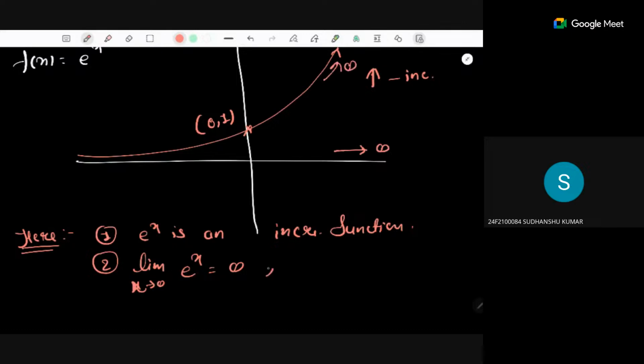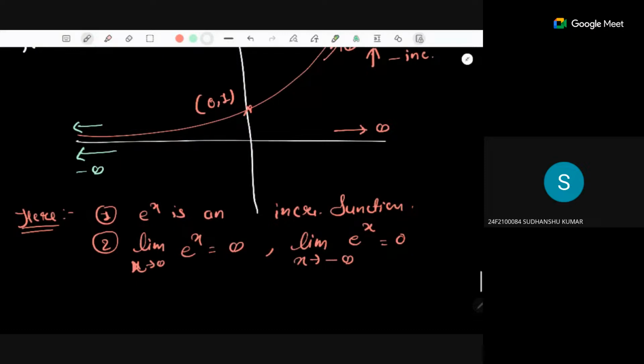The second limit: as x goes to minus infinity, e to the power x is 0. If we approach minus infinity, the graph approaches very close to the x-axis, so the value of the function approaches 0. So these are the two end behaviors of the function e to the power x.